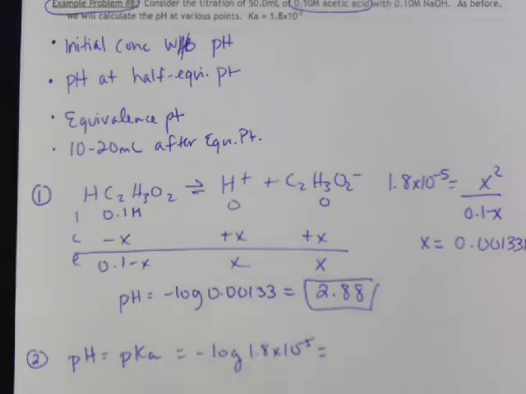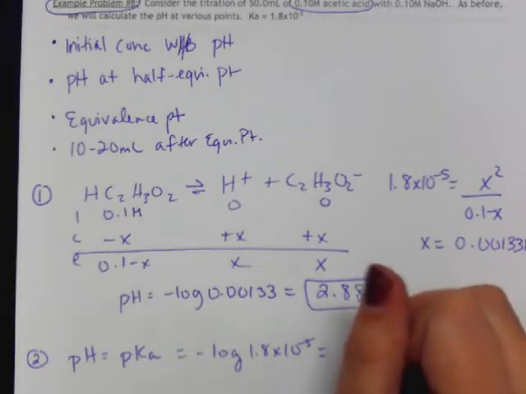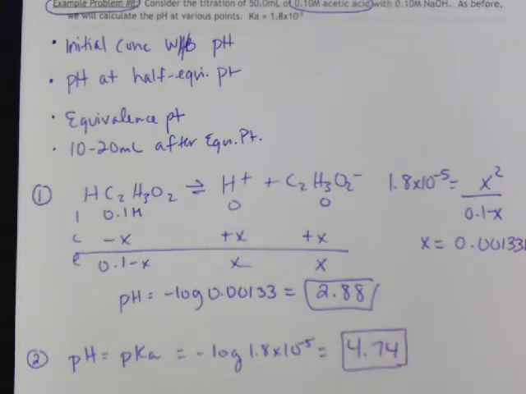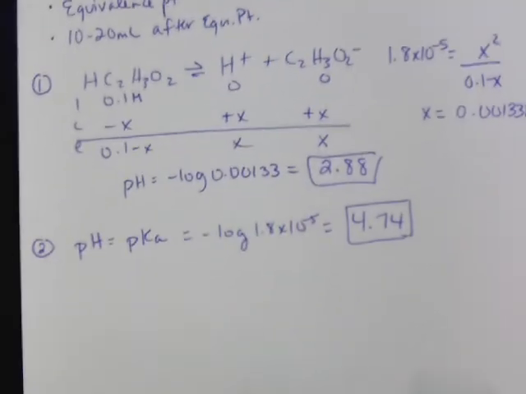And we find that it is 4.74. Now again, this makes sense, because we're titrating, so we are adding a strong base to our weak acid, so we see our pH going up.